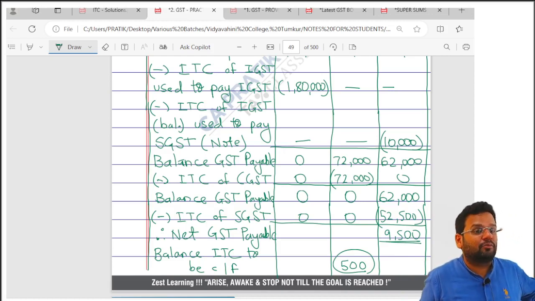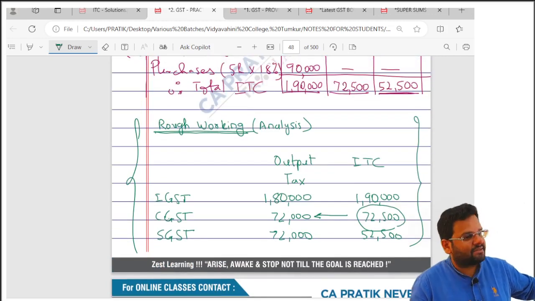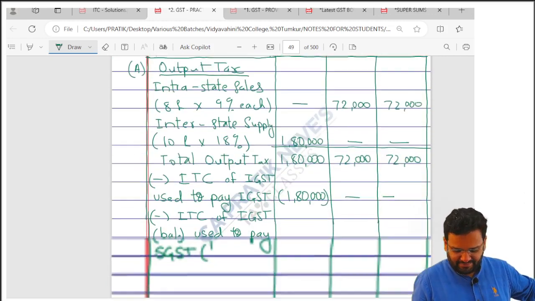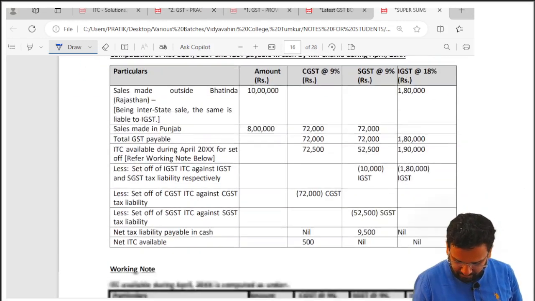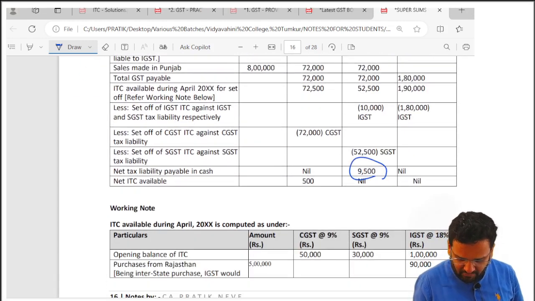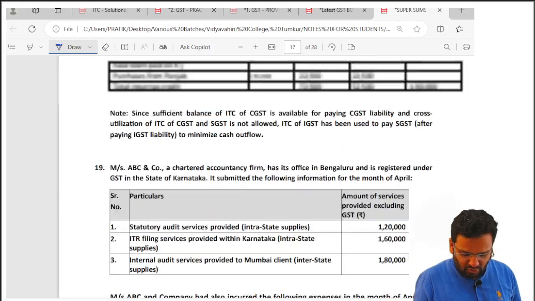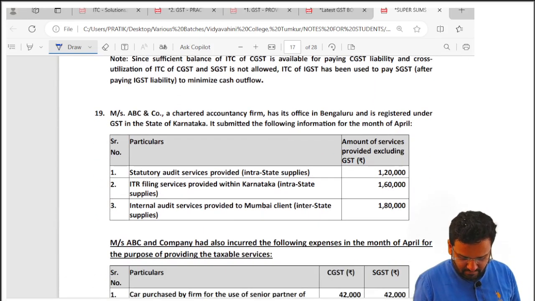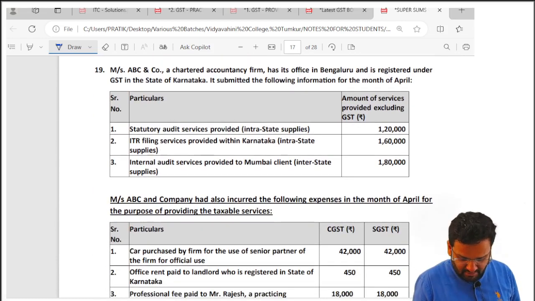Right now, this is the most efficient answer because we did this analysis. Clear? See, 9,500 is payable of SGST, 500 is net ITC to be carried forward. So write down the note. What you have done for that, we are writing the note now.